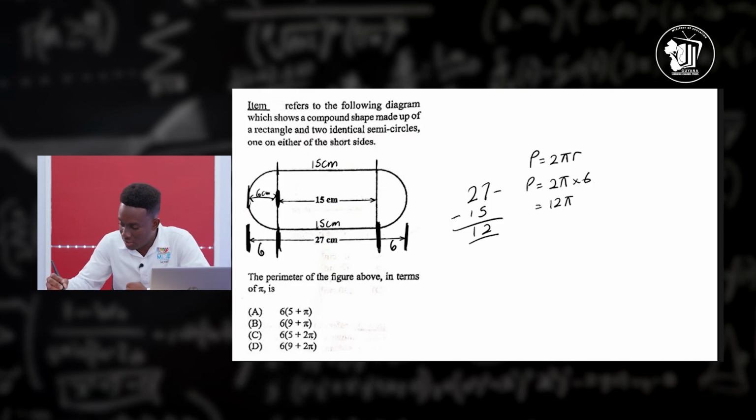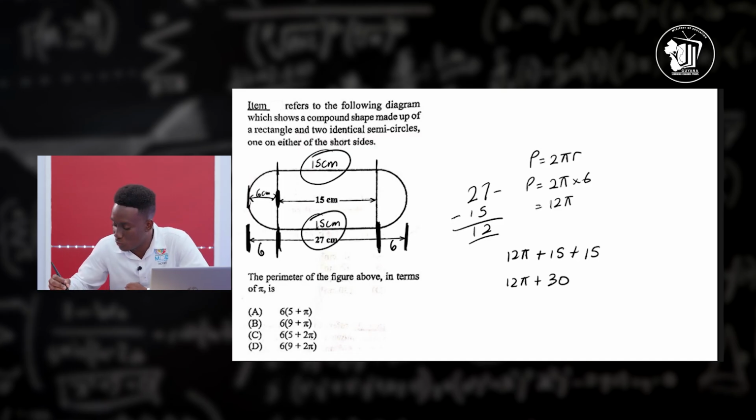So the perimeter will be equal to 12 pi plus, we add this 15 and this 15, so 15 plus 15 gives plus 30. I clearly don't have any of those as the answer, so I have to factor out a number. The highest common factor between these two is 6.